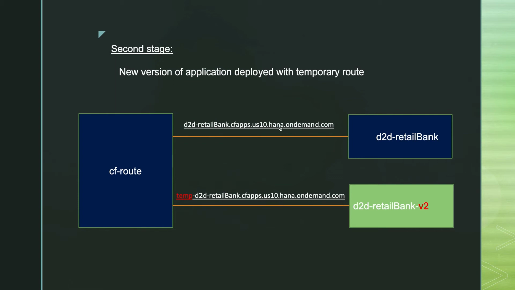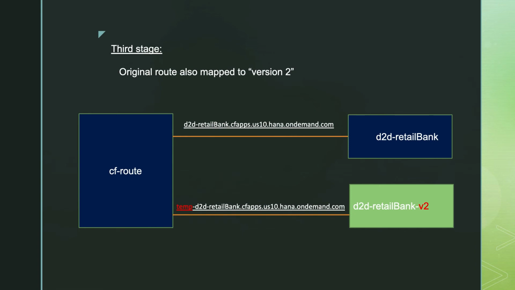At this stage, both the old and new versions of the application are available in production, and we can access them using two different routes. At this point, the QA team and other teams will test the new version. Once we get more confidence in the new version, we shall bind the original route to version 2 also.